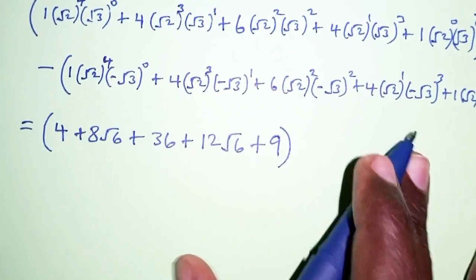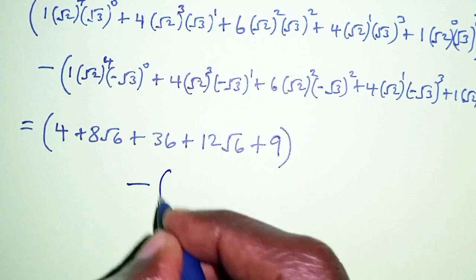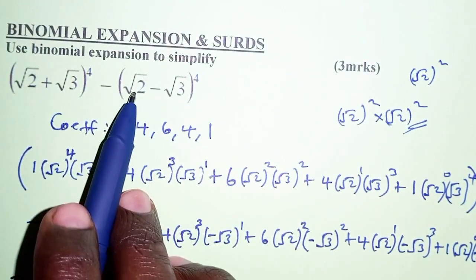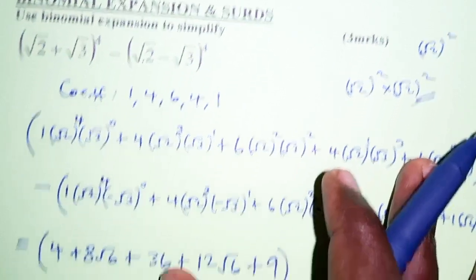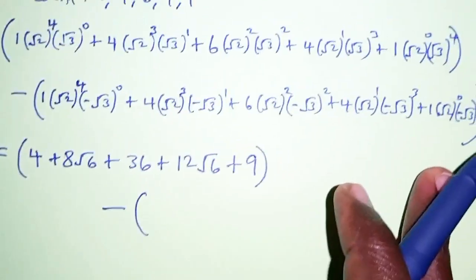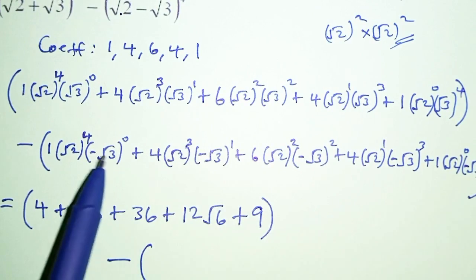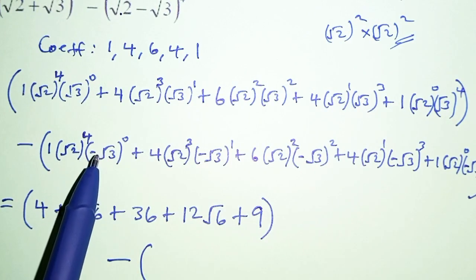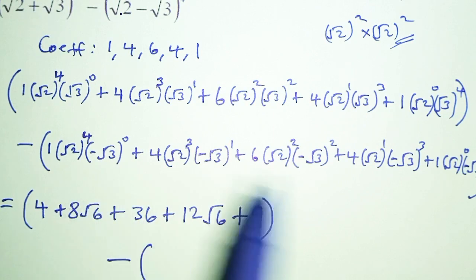And then we'll have to subtract the second bracket. Now in the second bracket, we are not going to struggle so much because we have the same terms, root 2 and root 3. The only difference will be this. At the point where the power of negative root 3 is odd, the result should be negative.